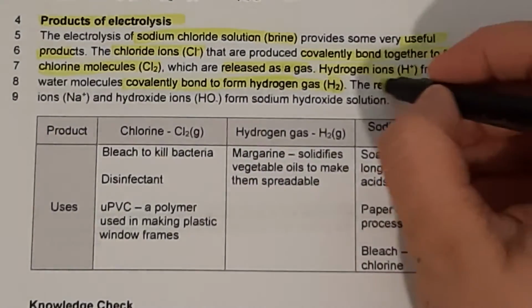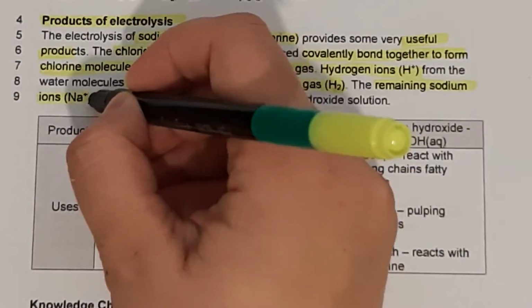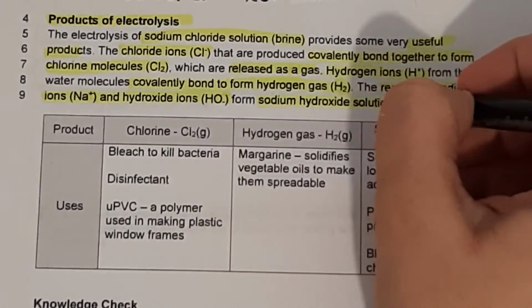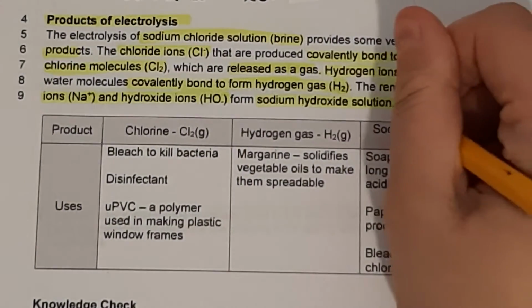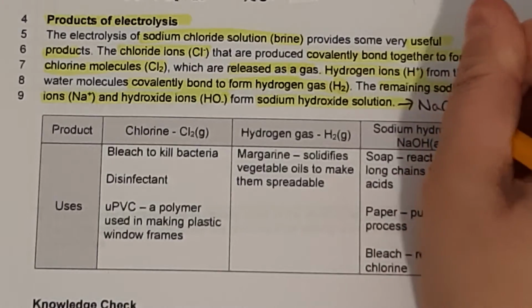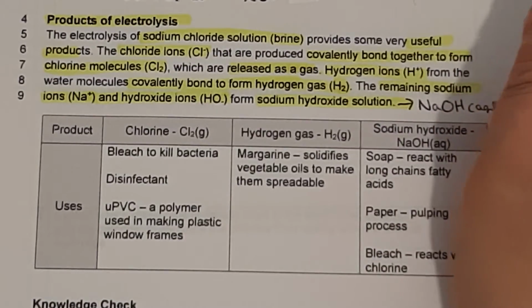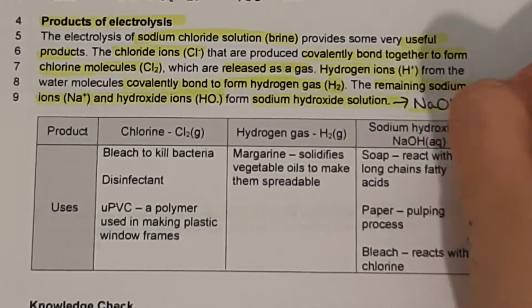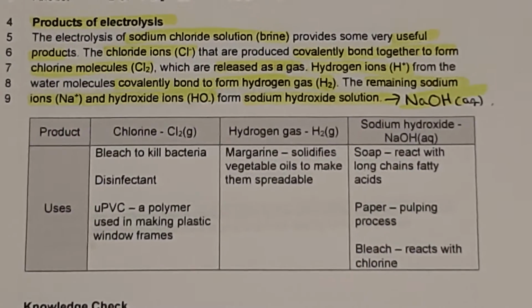And then the remaining sodium ions, Na+, and hydroxide ions, OH-, form sodium hydroxide solution. Sodium hydroxide is NaOH, and solution means it's dissolved in water, so it is aqueous. And we can learn more about these products below.